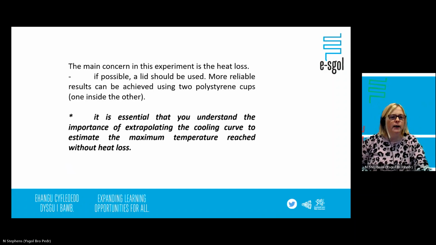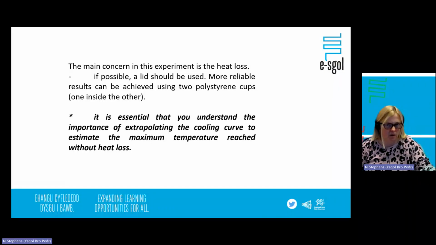Okay. It is essential that you also understand the importance of extrapolating the cooling curve backwards to estimate the maximum temperature reached without that heat loss, because even if you are careful and use things like 2 polystyrene cups or the lid, if it's feasible to do so, there will undoubtedly be some heat loss to the environment. You can't limit it entirely.